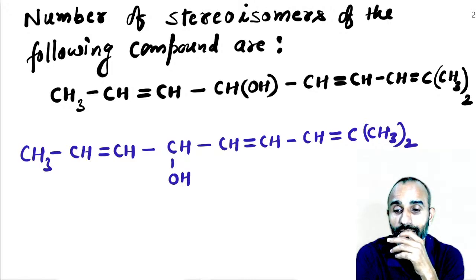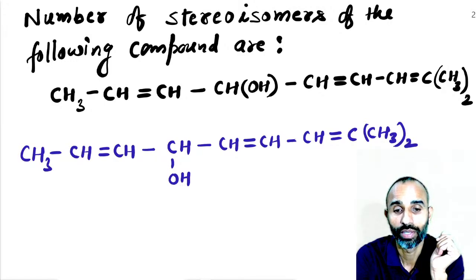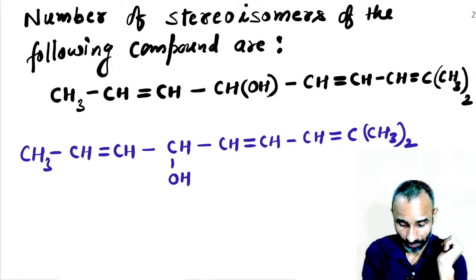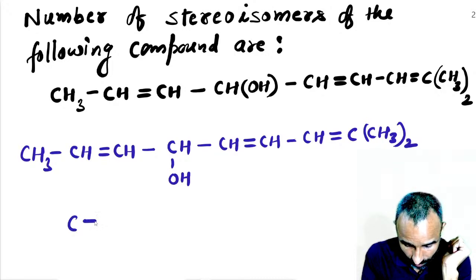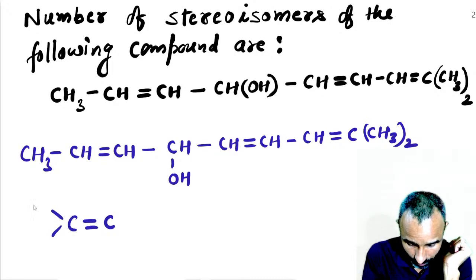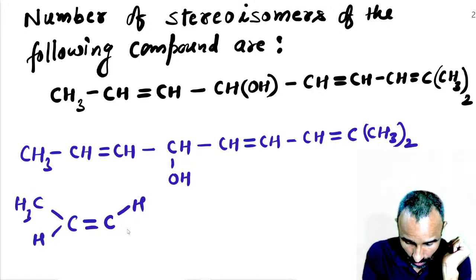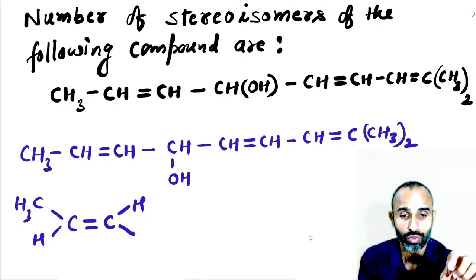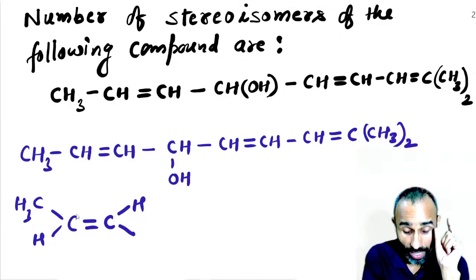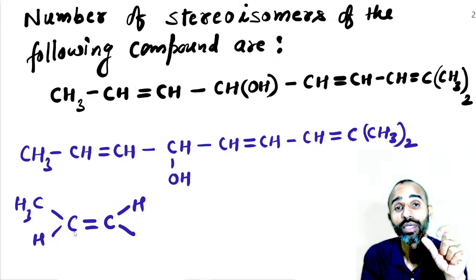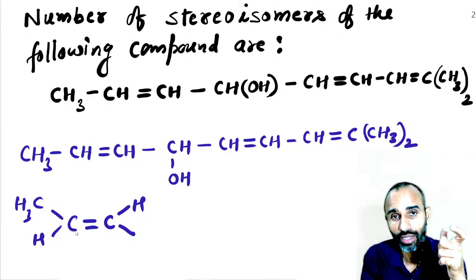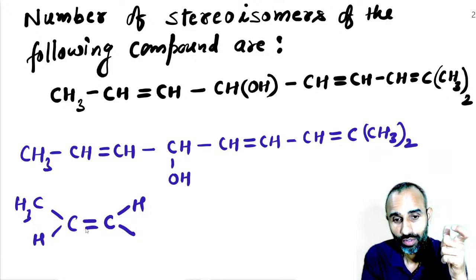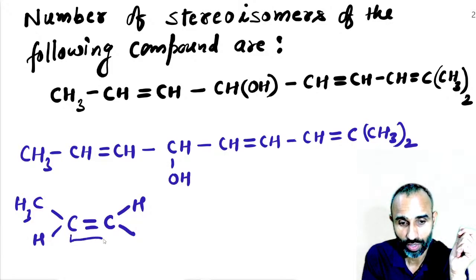Yes, there are 8 isomers. Reason being, this double bond is attached to different groups. At the same time, each carbon is attached to 2 different atoms or groups. So that's why it is one of the stereo center.